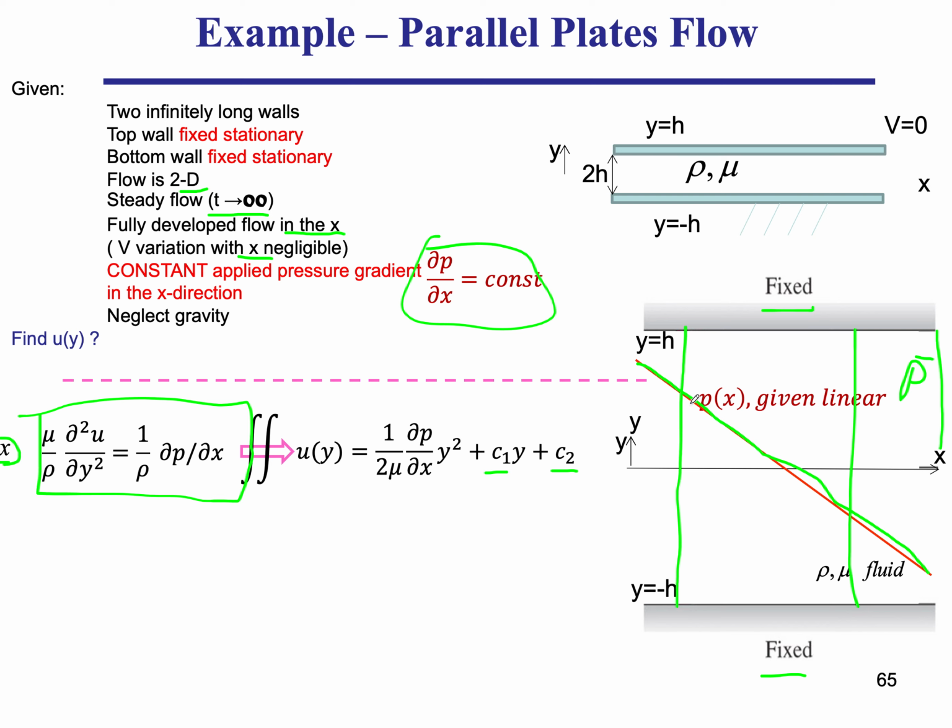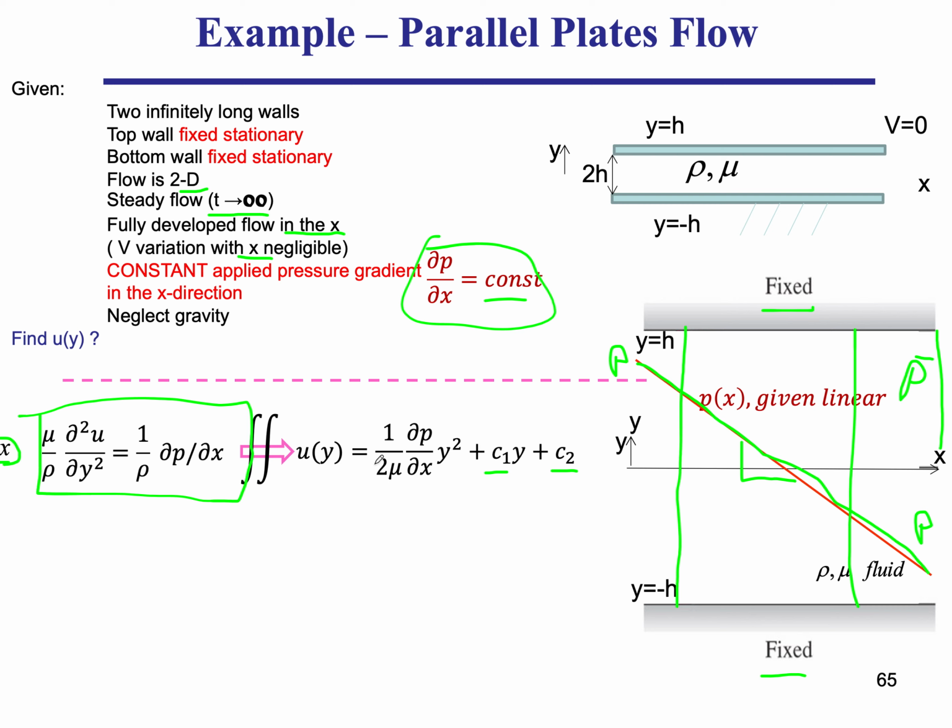So p of x is given to be linear. That's why dp/dx is constant. So this is p at the in, and this is p at the out. Or if this is an infinitely long plate, which it is, two infinitely long plates, then that's what the pressure gradient looks like. It has a certain slope of constant c. So the constant is the slope of this pressure gradient.